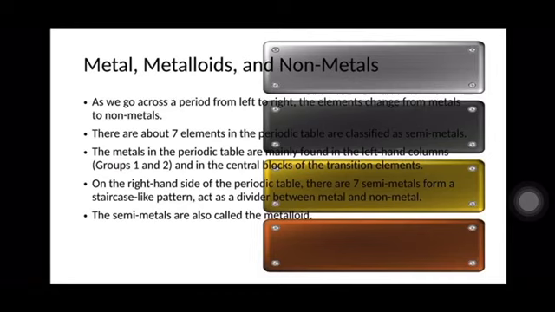So as we go across a period daripada left to the right, metallic properties of element akan berubah daripada metal ke non-metal. So daripada kiri ke kanan. So yang di tengah-tengah tu kita panggil dia semi metal. Semi metal juga also known as metalloids. Understood, right?